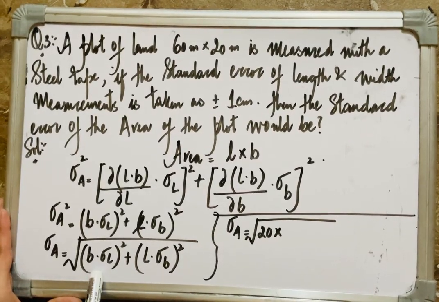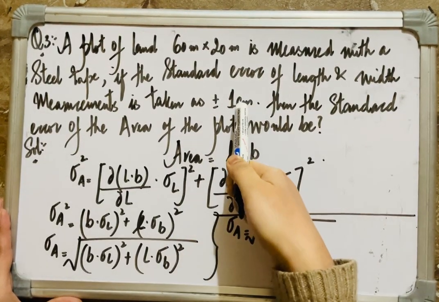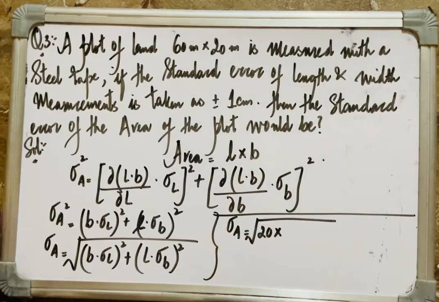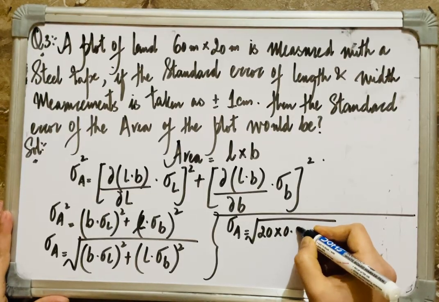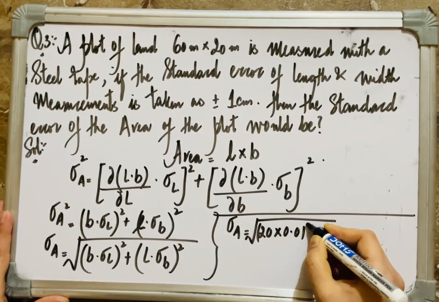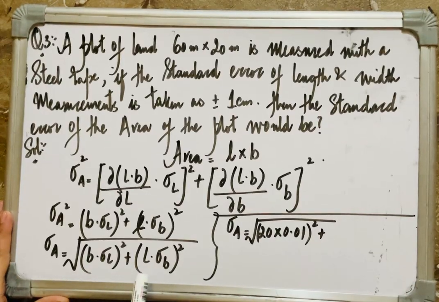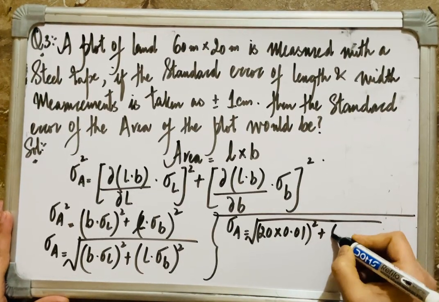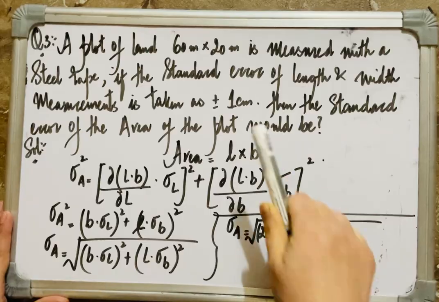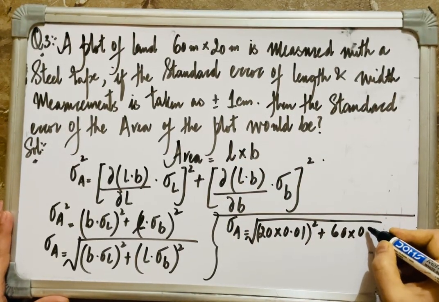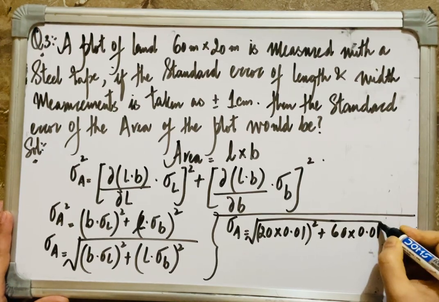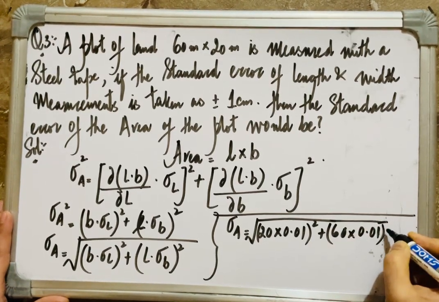What is the standard error in length? Both have the standard errors of plus minus 1 centimeter. This was 20 meters, so 1 centimeter is how much? 0.01 meters, square of it, plus length 60 multiplied by standard error in breadth. Both length and breadth have the same standard errors, 0.01 meters, square of it.